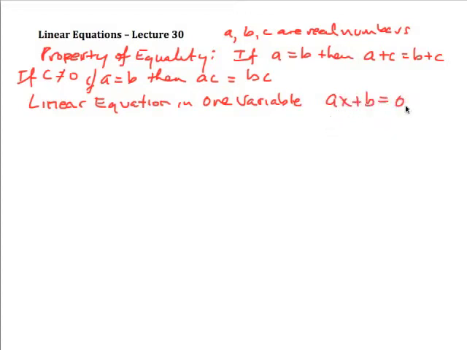This is what we call standard form, and of course A is not equal to 0 here, otherwise I'd just have a number equal to 0. Our objective here is to solve some linear equations using the equality rule.